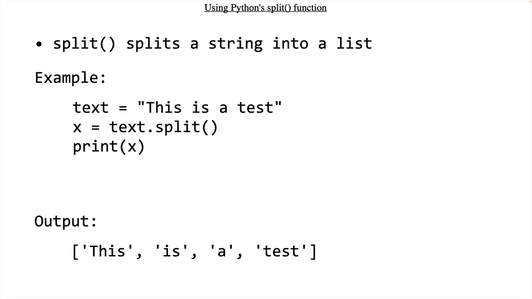A space is white space, 4 spaces in a row is white space, a tab is white space, newline characters are white space, that type of thing. So just calling split splits on white space.